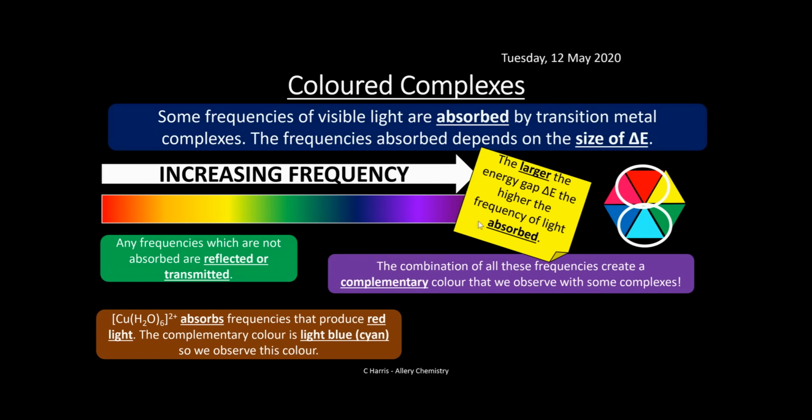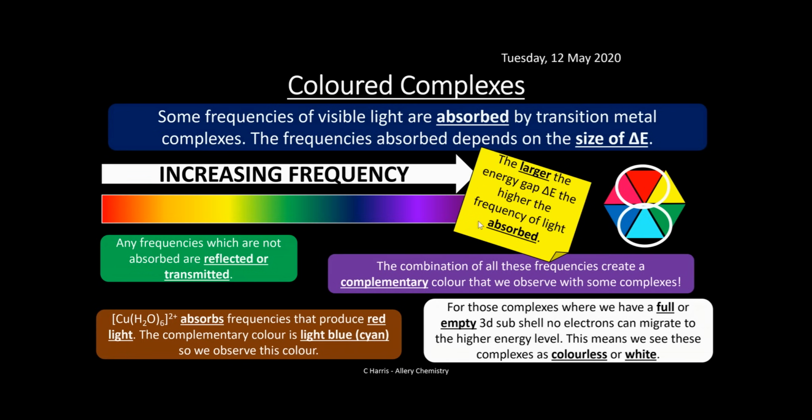That's fascinating. Okay, so for these complexes where we have a full or empty 3d subshell, no electrons can migrate to higher energy levels. So this means we see these complexes as colourless or white. So these are complexes with a full d subshell, or where they have no electrons.